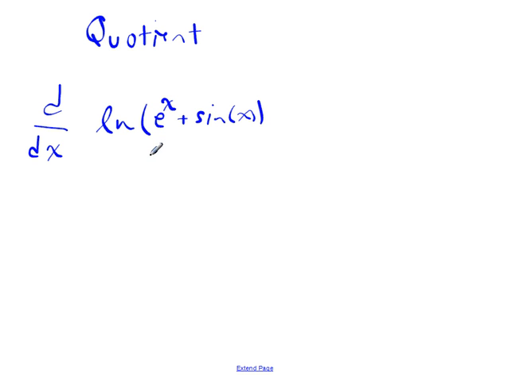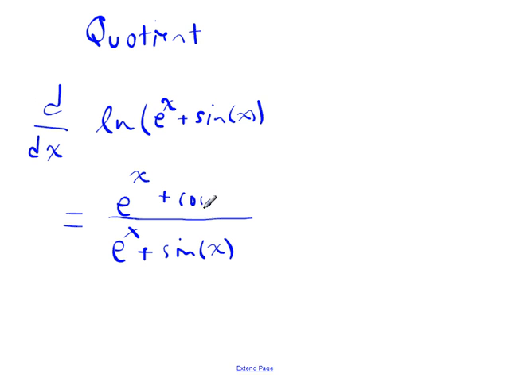Well, this is a chain rule. So the derivative of ln of something is 1 over that something, and then times the derivative of the something. And the derivative of that something is e to the x plus cosine x.